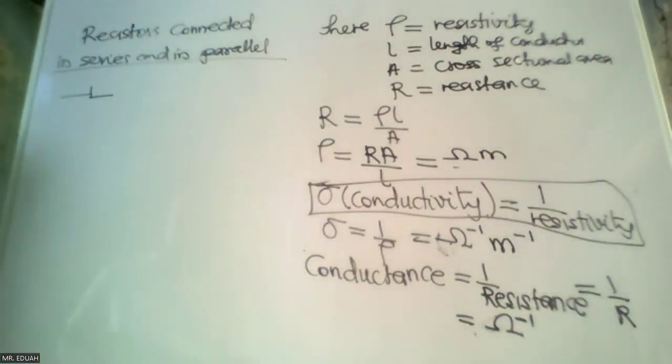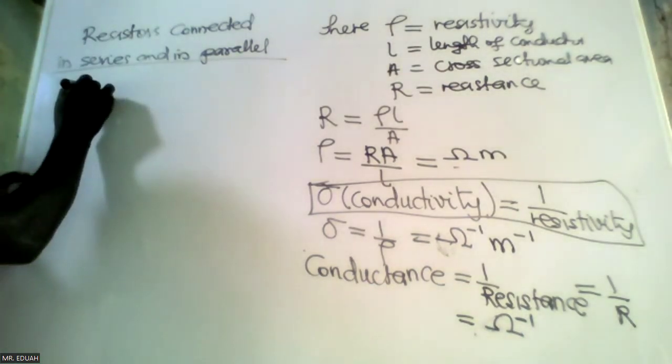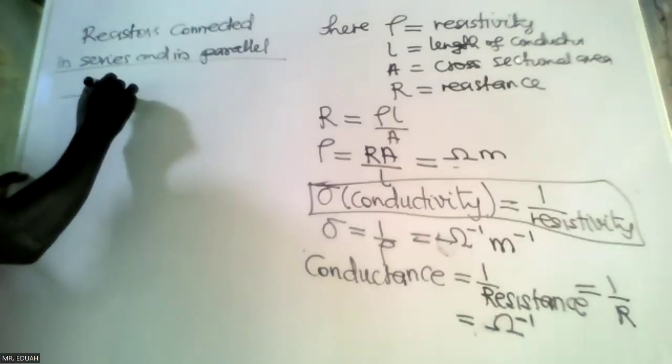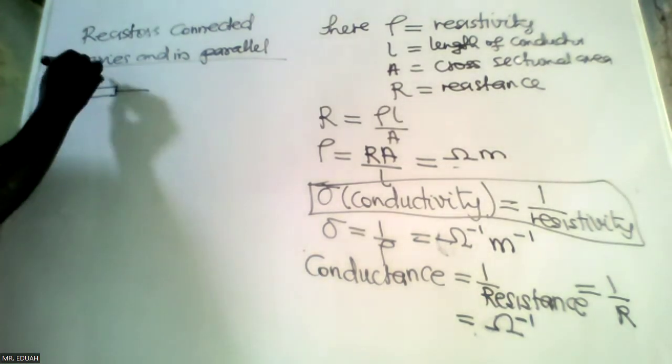So resistance in a circuit is represented as this. So this is a resistor.